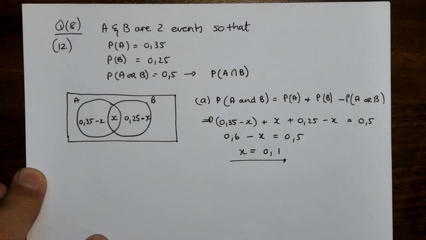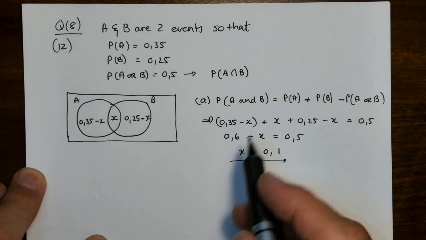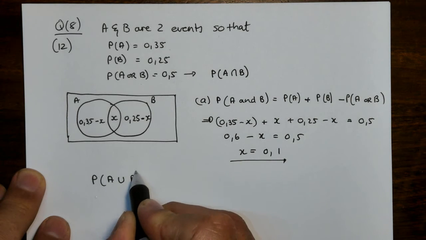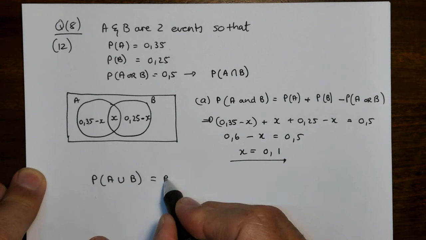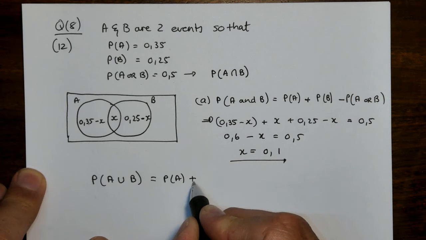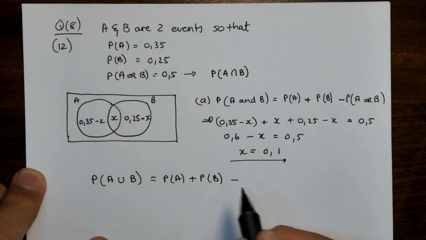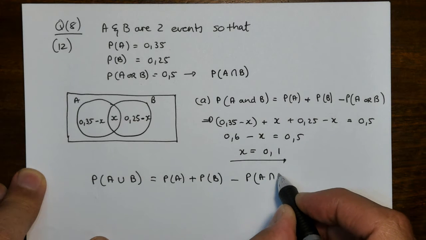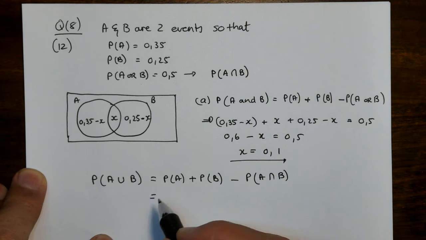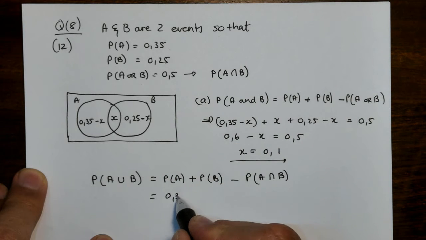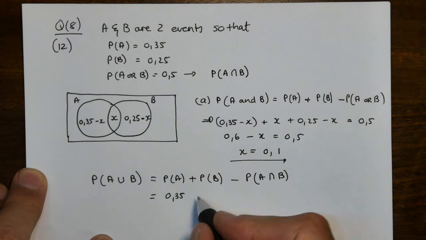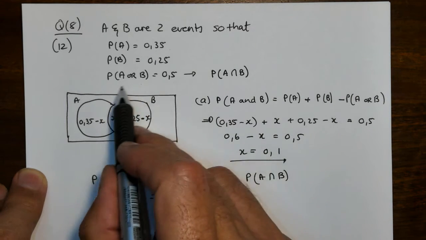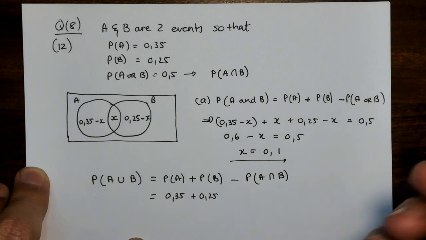Okay, so that's one way to look at it, by looking at this Venn diagram itself. Okay, folks, the alternative would be to say that the probability of A or B is equal to the probability of A plus the probability of B minus the point where they intersect, A intersect B. I've got the probability of A, it's 0.35. I've got the probability of B, it's 0.25. The probability of A or B was given to me as 0.5.